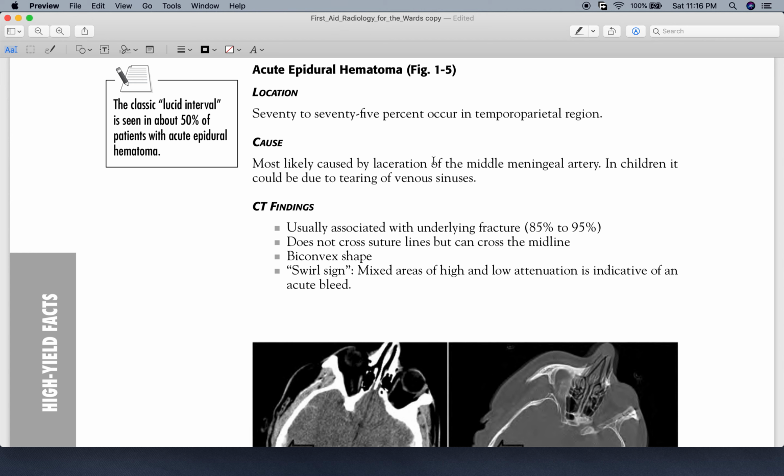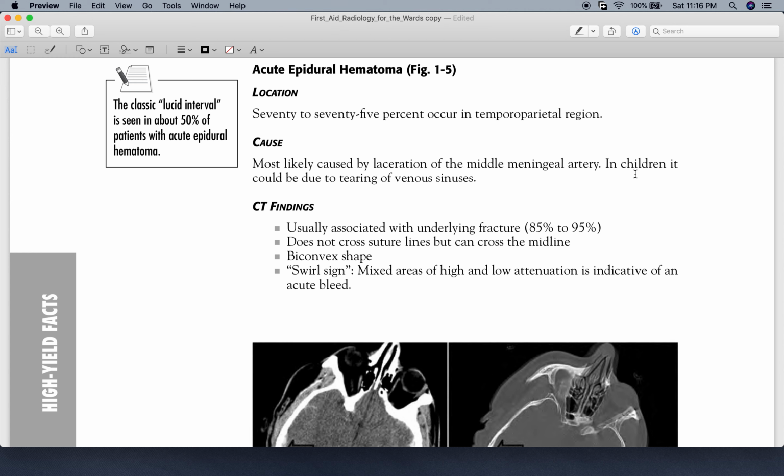The most common artery to have an aneurysm is the middle meningeal artery, and other arteries are also involved.